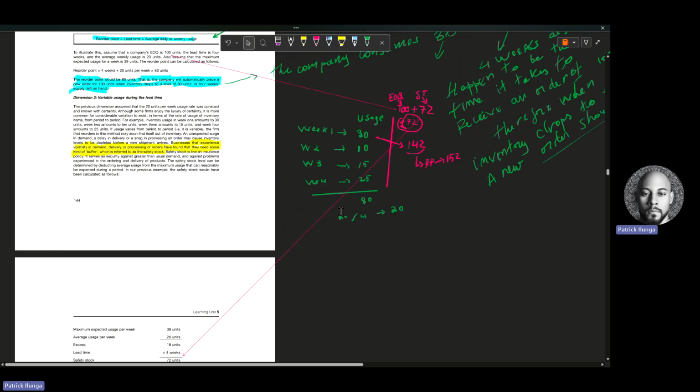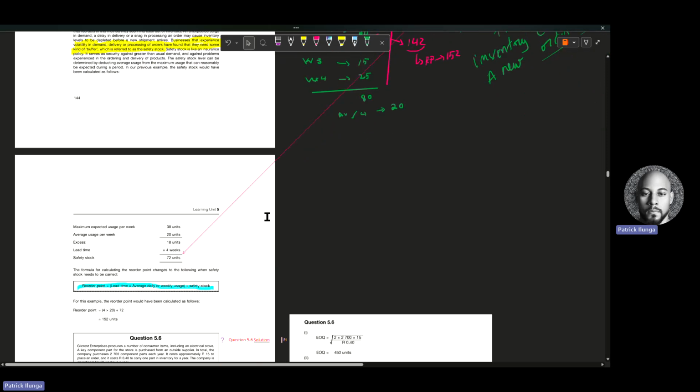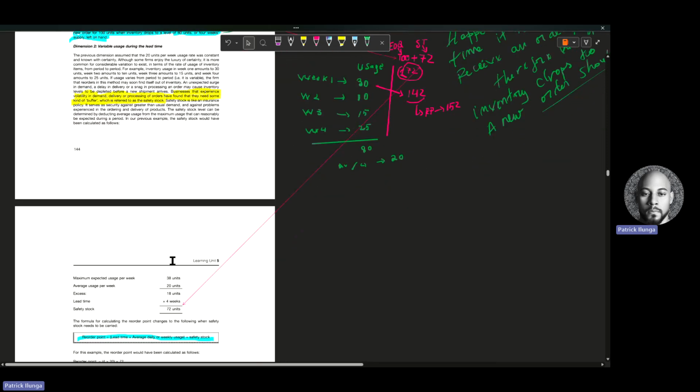Like in this case, how did we calculate, by the way, the average? We added week 1, 30, week 2, 10, which is 40, week 3 and week 4, which is 80. So 80, for us to get an average, we say 80 divided by 4 weeks gives us 20. That's how we got the average, right? But with this average, because there is fluctuation, because it goes up and down, we need a safety stock. How do we calculate the safety stock?